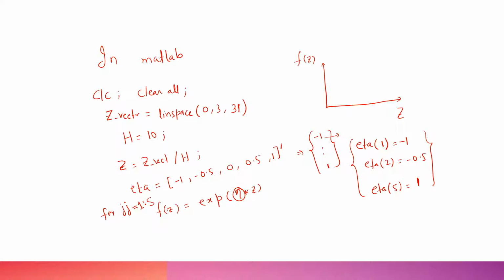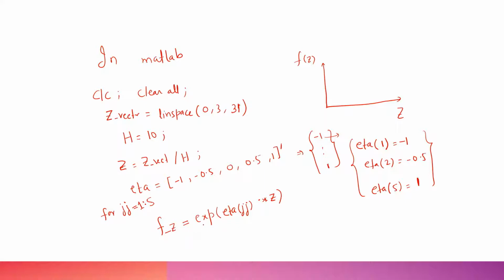Then we will write here f underscore g equals exponential of eta of jj into z.